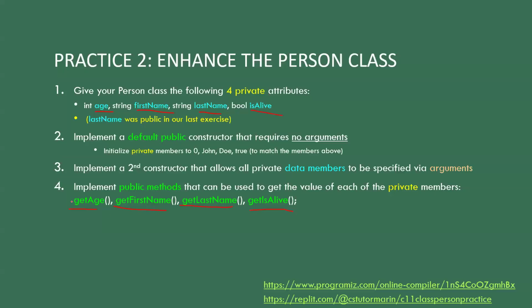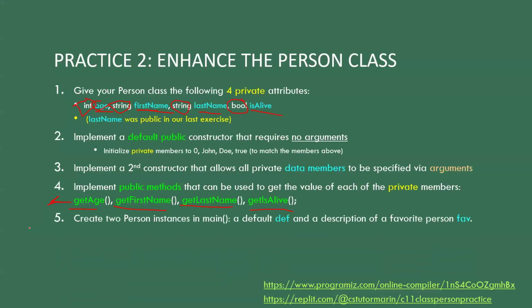Get age is going to return the data member age, and get first name is going to return the first name. So the type of the getter has to match the type of the data member, generally, right? First name, last name, string, is alive, Boolean, that kind of thing, okay? So you all may remember that from our car homework assignment in Comp 130, or if you've done similar things in other classes, okay?